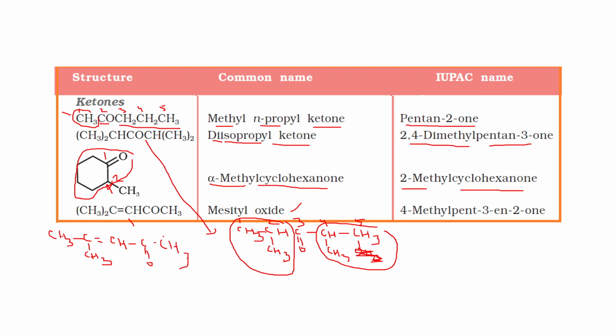Okay, give the numbering. This is 1, 2, this is 3, this is 4, and this is 5. At the 4th position, a methyl group is there. That's why this is 4-methyl. Total carbon atoms, pent. After 3 carbon atoms, there is a double bond. That's why 3-ene. And at the 2nd carbon atom, the ketonic group is there. That's why 2-one.